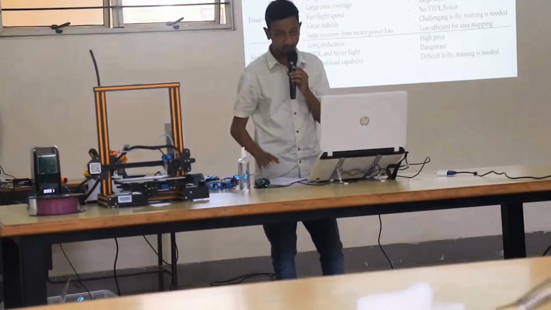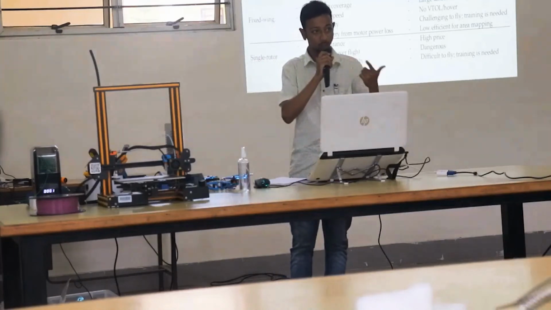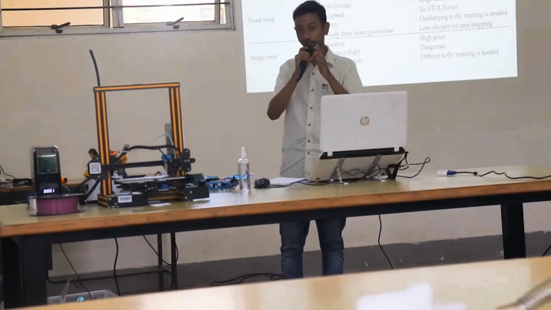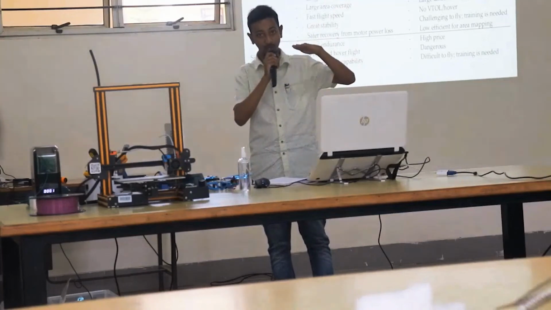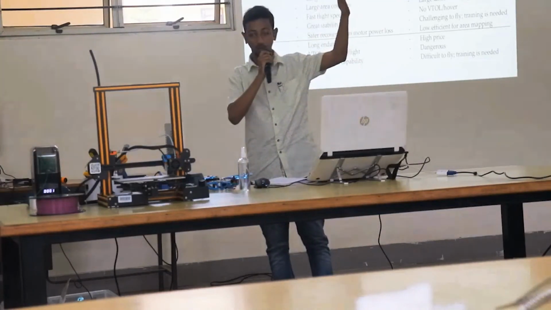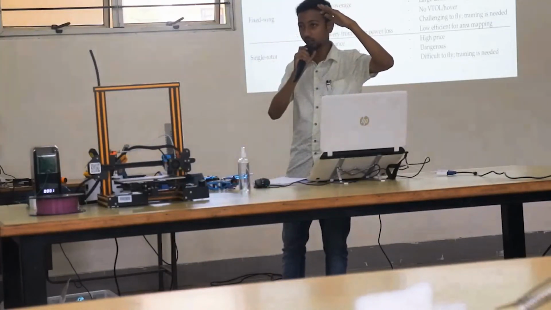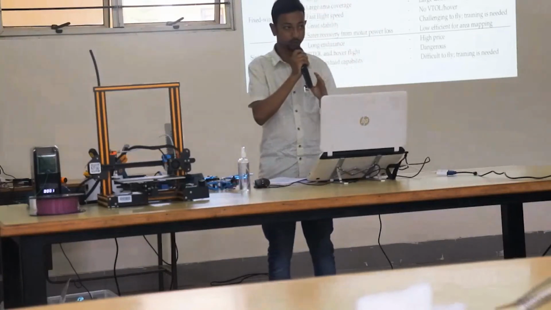Low stability is proper again, but nowadays we are working on them to stabilize. To stabilize correctly, this should be in a balance. If it is a cross there is a problem, if it is straight there is a problem. So we are currently working on the stabilization, but accurately they are very highly stable nowadays.